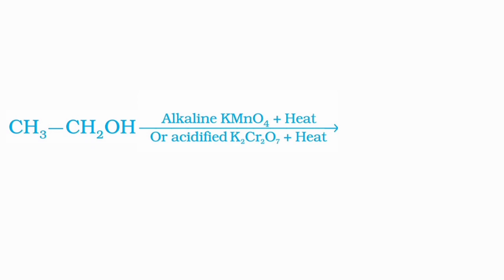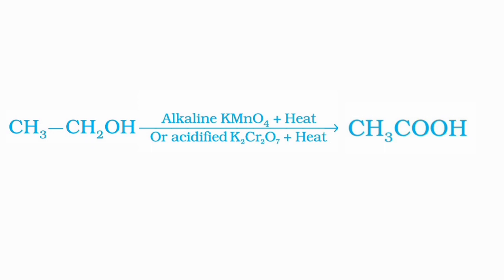So ethanol will be converted into ethanoic acid. Now you can see COOH, this is the carboxylic group. So that's what oxidizing agents do. They add oxygen. So alkaline potassium permanganate and acidified potassium dichromate convert alcohols into carboxylic acids, as you can see here.